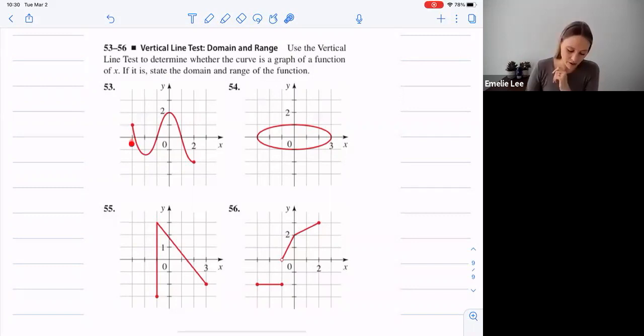So here, if I go ahead and draw imaginary vertical lines, it looks like I'm only able to intersect this graph once at each value of x. Okay?